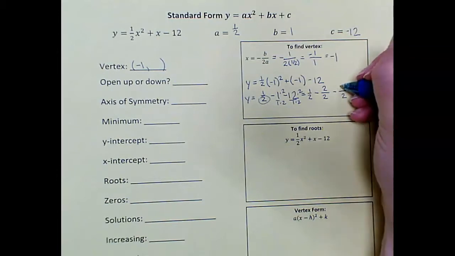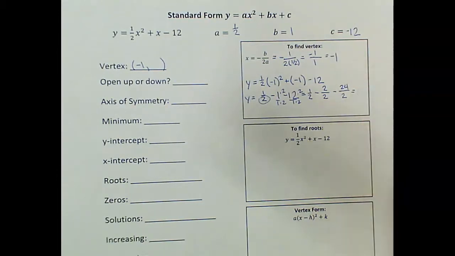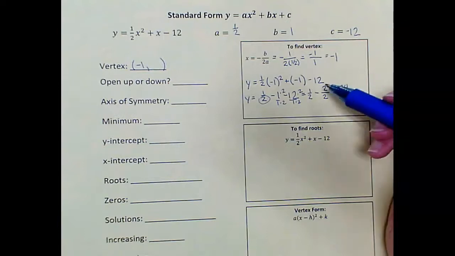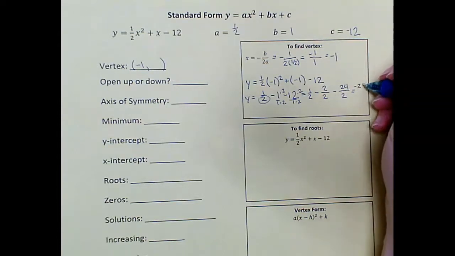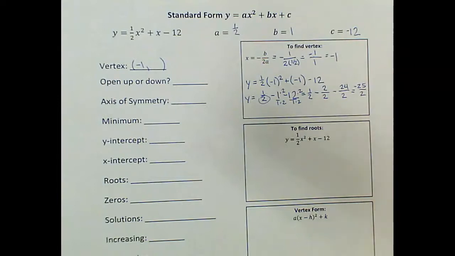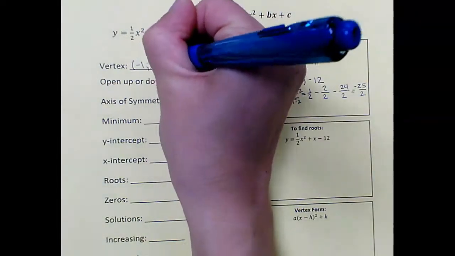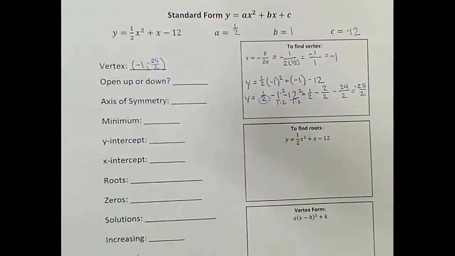So 12 times 2 is 24. So now when I subtract, 1 minus 2 is -1 halves, and -1 halves minus 24 halves is -25 halves. So -25 halves is my y value for the vertex.